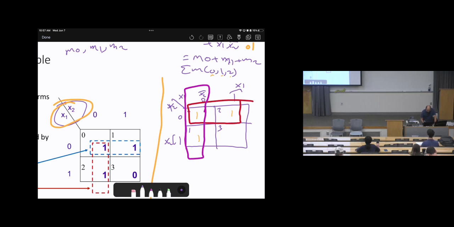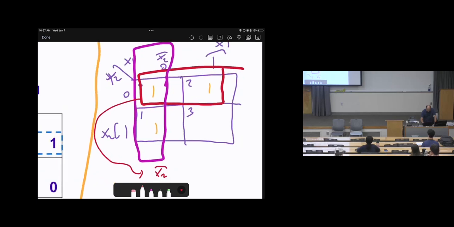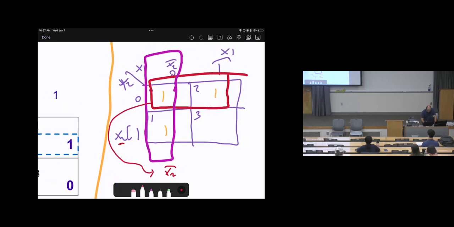So the red color, it will be x2 bar. Why? Again, look at it. Here is x2, so this position is x2 bar. Here is x1 bar, here is x2 bar. So this one is located at x1 bar, this one at x1, this one at x2 bar. Then we are not using x1. So it will be x2 bar.